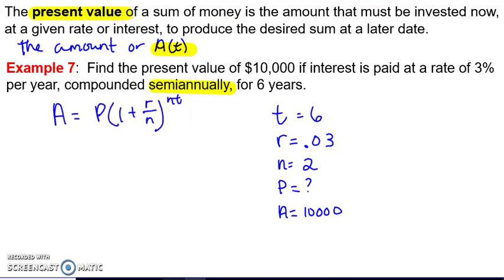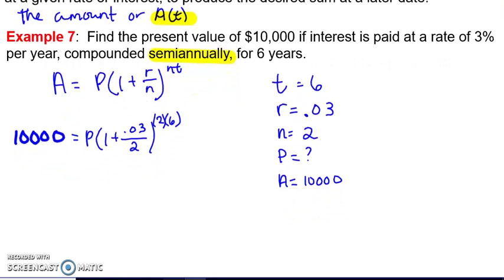So let's actually figure out what our principal is. We have 10,000 equals P times 1 plus 0.03 over 2, to the 2 times 6.